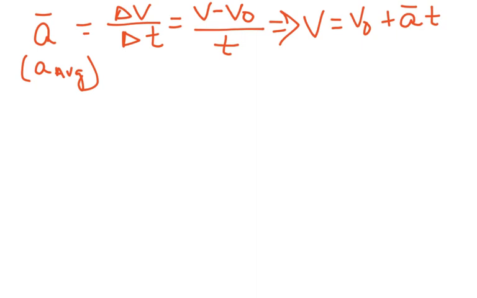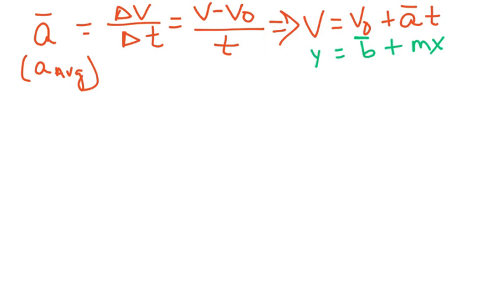So again, this is your Y equals mx plus b. They just have the mx and the b reversed. So again, think of that initial velocity as your y-intercept, okay? Because velocity is what you're going to graph on the y-axis, all right? So this is your mathematical model for a velocity time graph, okay?